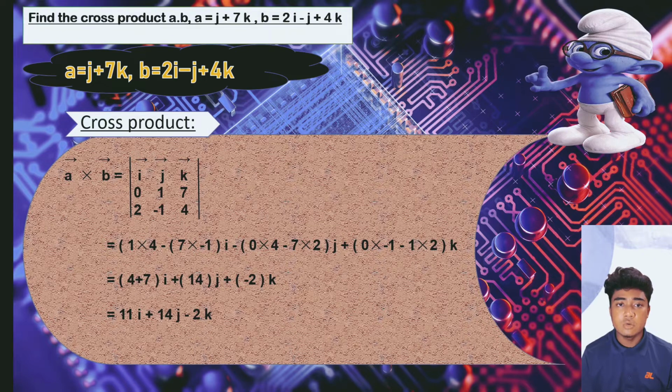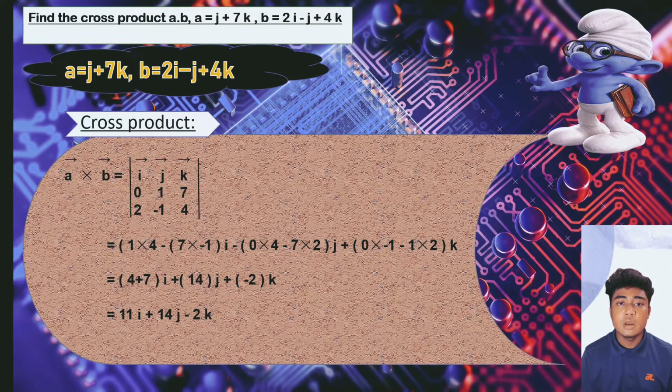The first row we got 1, 7 and second row is negative 1, 4. It's the same way to get j and k equation. After that, we got 0, 7 for the first row and 2, 4 for the second row for j. And for k, we got 0, 1 for first row and 2, negative 1 for the second row.